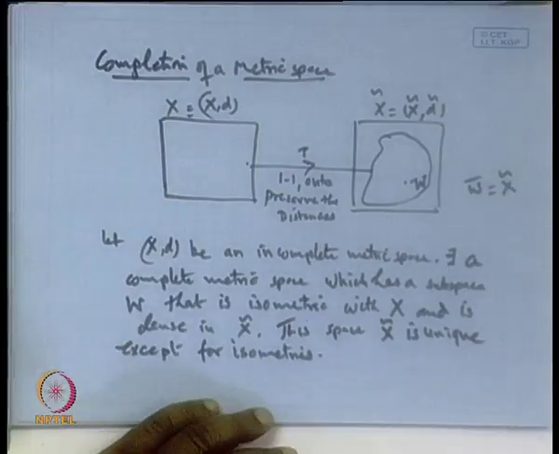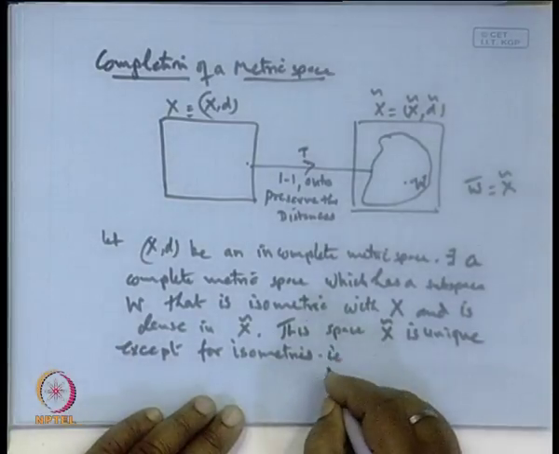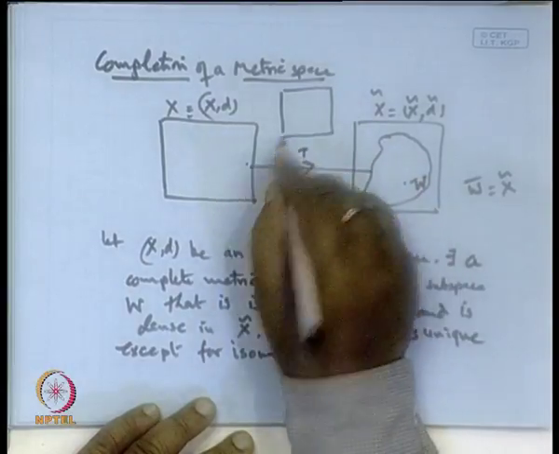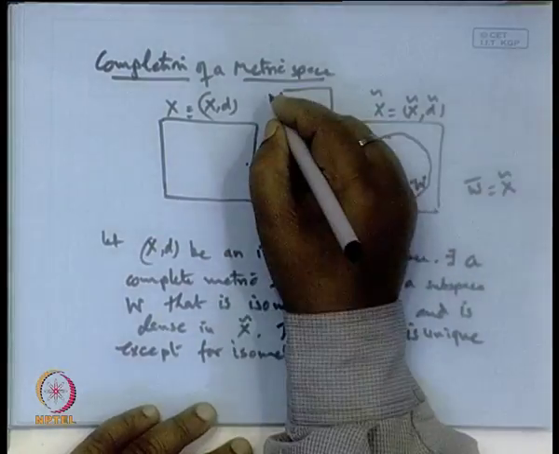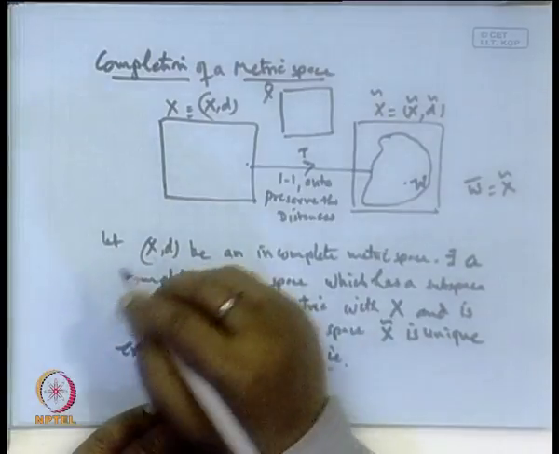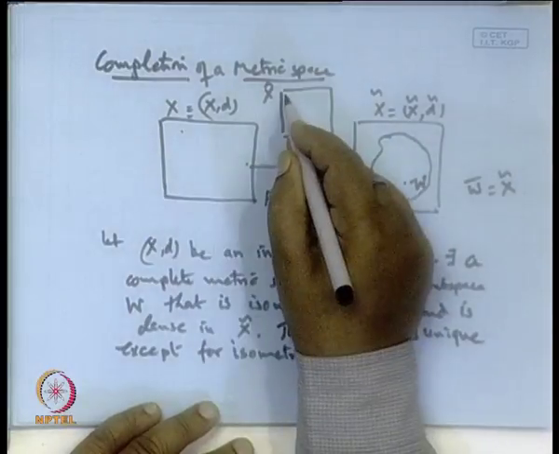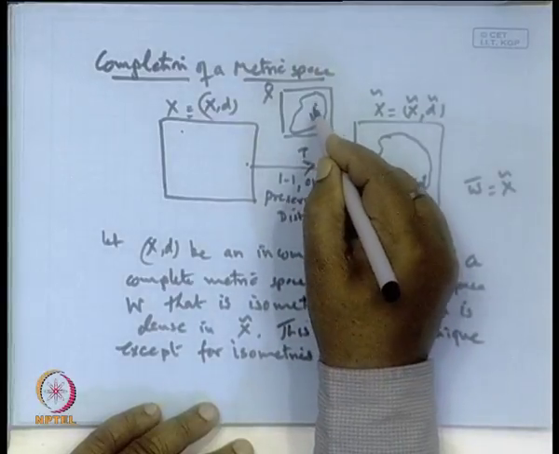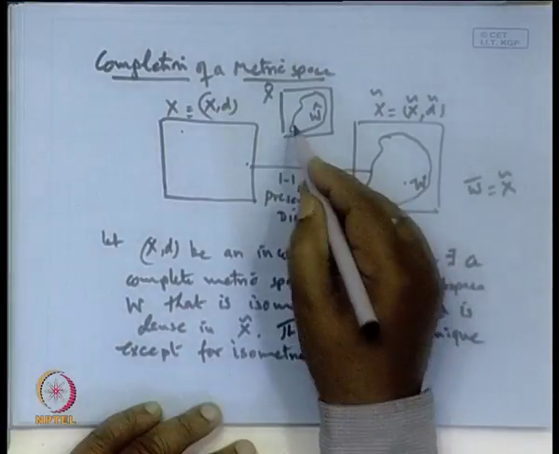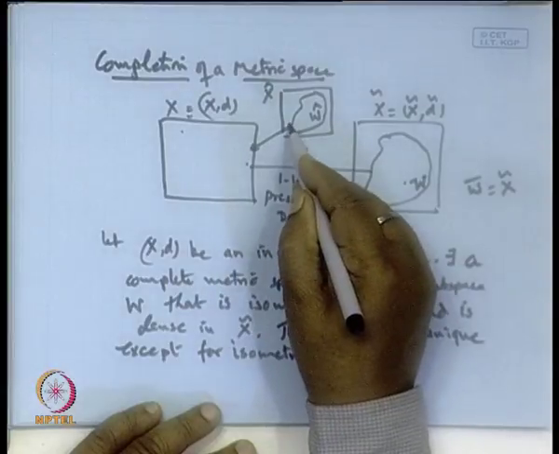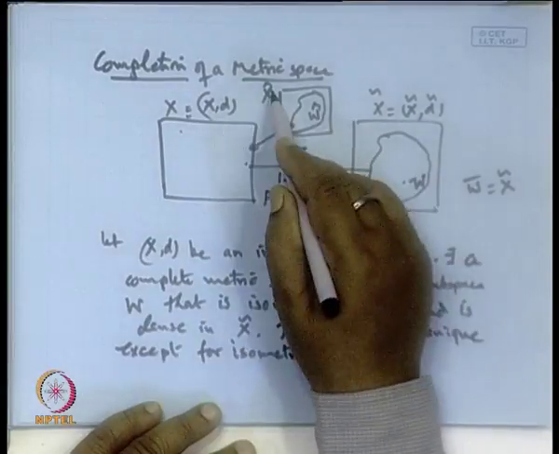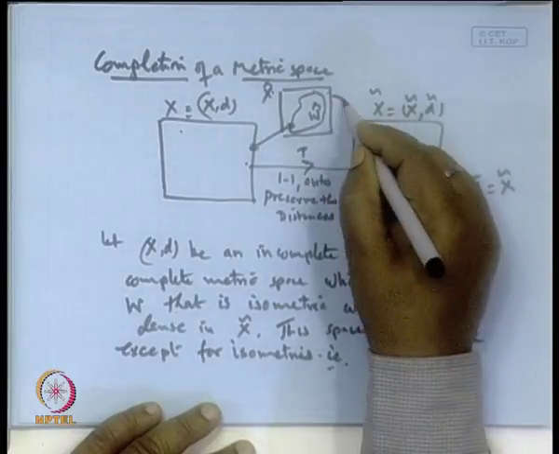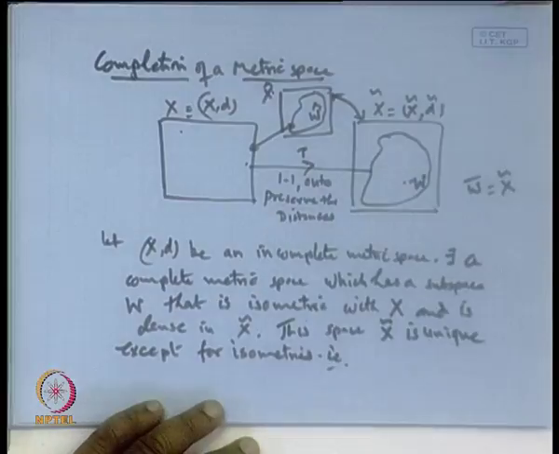Except for isometry means, if suppose there is another metric space X hat which is a completion of X, then it has a W hat isometric with X and dense in it, then these two spaces X hat and X delta will also be isometric.